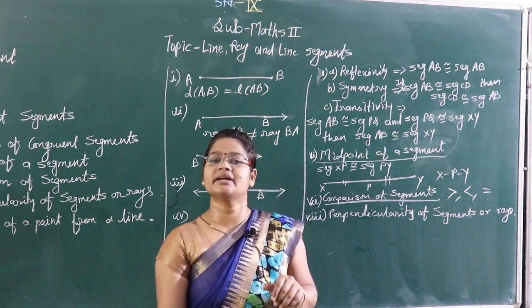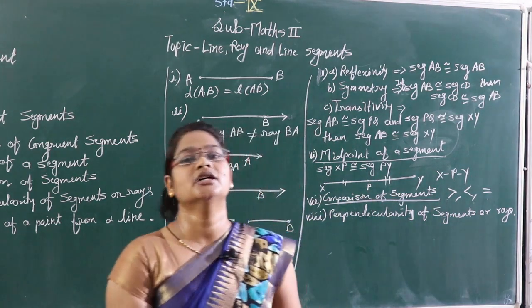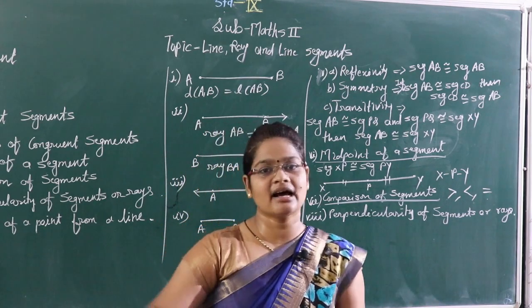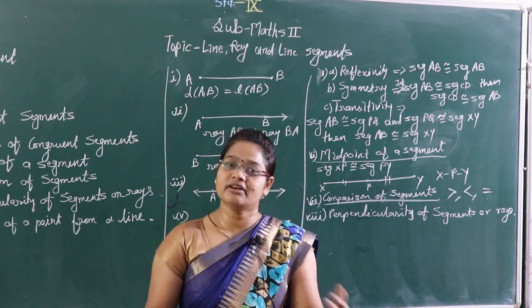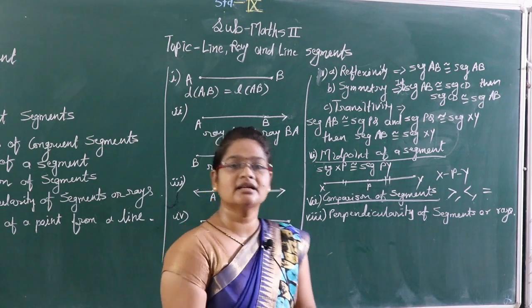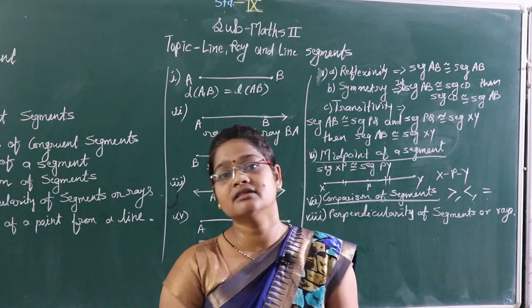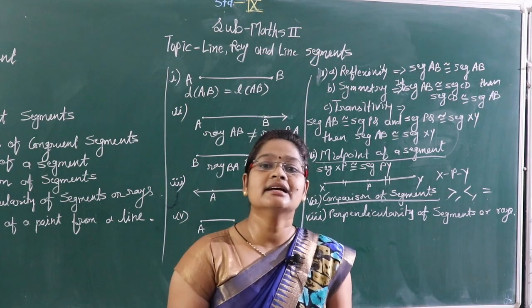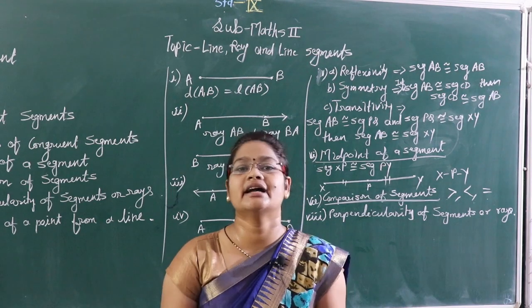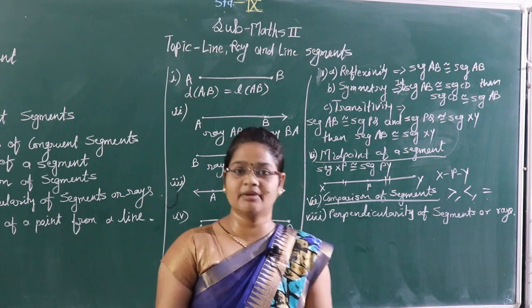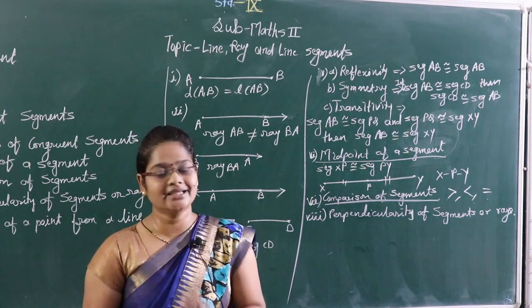If two line segments, two rays or two lines, or one line and one line segment, or one ray and one line segment, make an angle of 90 degrees with each other, then we can say that the two lines, two segments, or one ray and that segment are perpendicular to each other.